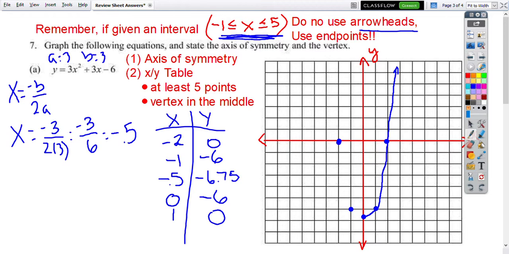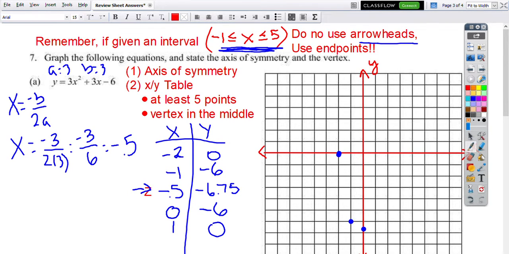So then the next one, I'm already off. Rewind, don't do that. Look what I did. We're supposed to be at negative 0.5 for the vertex, and I graphed it at 0. So, my bad. That should definitely not be there.